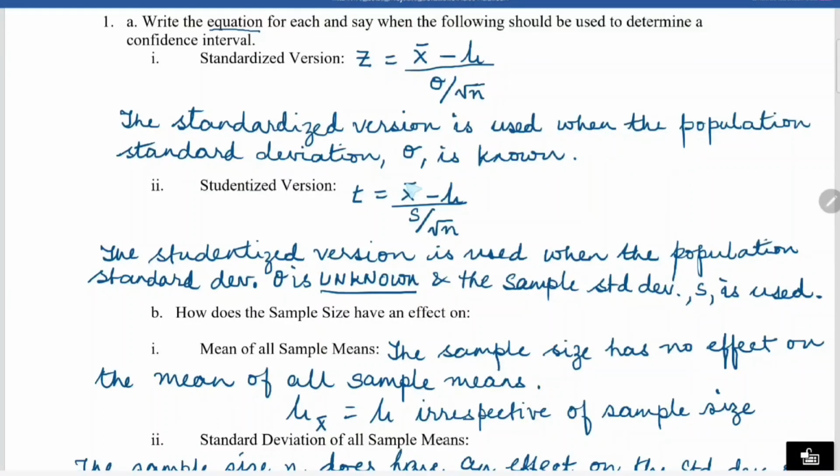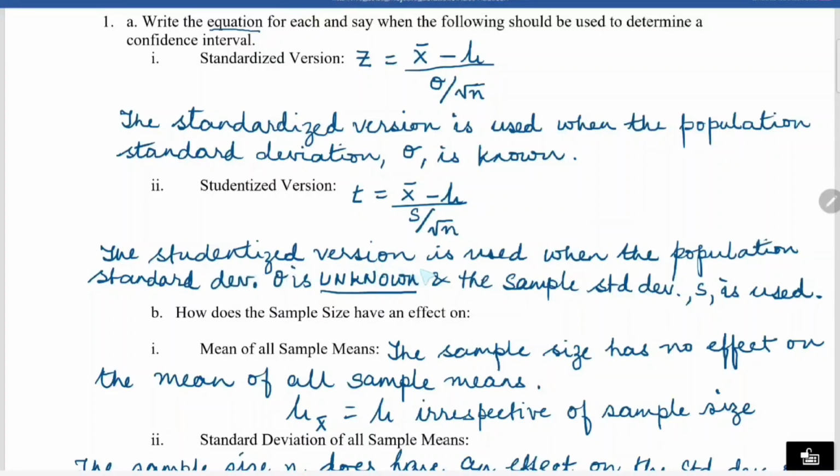When the population standard deviation sigma is known. The studentized version is used when the population standard deviation is unknown. We use what's called a t-distribution, which is x bar minus mu divided by s over square root of n.